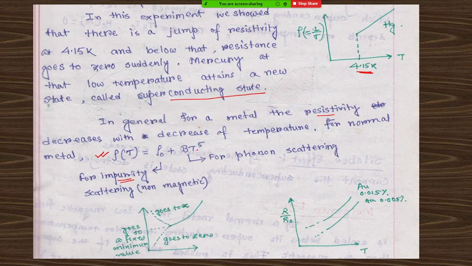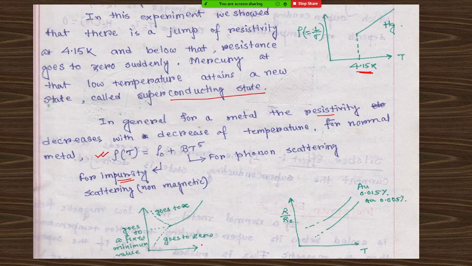The resistivity of this material actually depends on two main factors: impurity and phonon scattering. The impurity part is constant with respect to temperature, and the phonon scattering part increases with temperature.